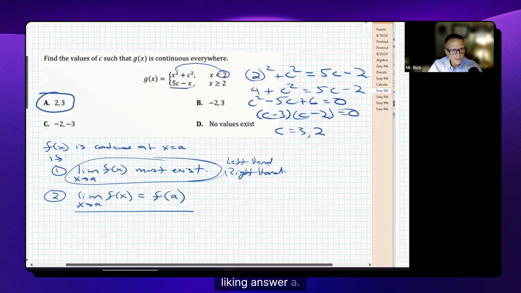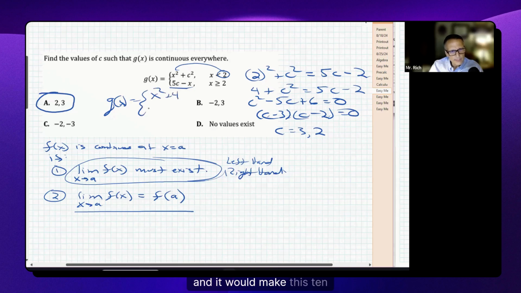I'm liking answer A. I'm going to check my work and make sure that if c is a 2, it would make g of x, x squared plus 4, and it would make this 10 minus x. So let's see.